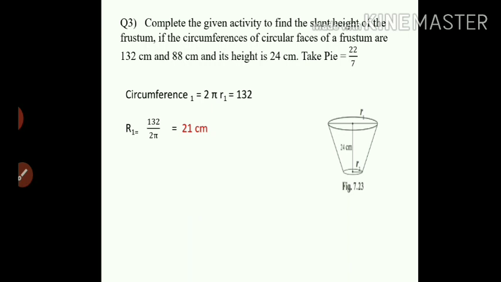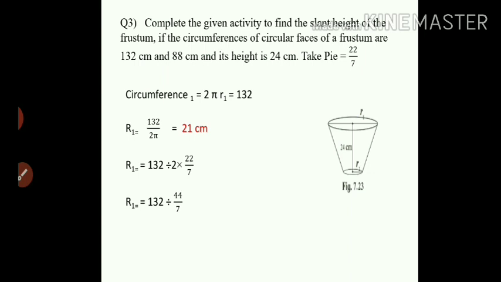But how we got 21? I will explain you now. R1 is equals to 132 upon, in place of upon I am giving divide symbol. Upon means divide. So 132 divided by 2 pi means 2 multiplied by pi means 22 upon 7. So R1 will be 132 divided by 2 into 22 will be 44, 44 upon 7.